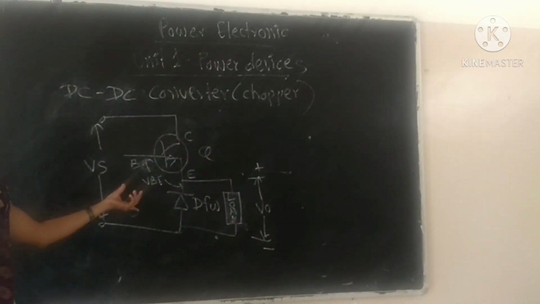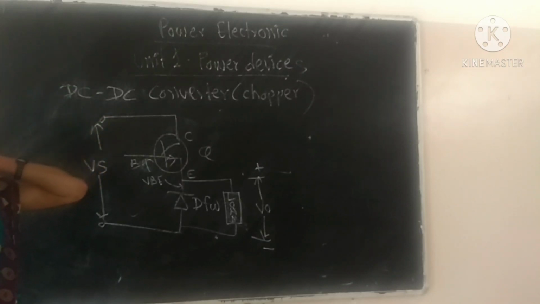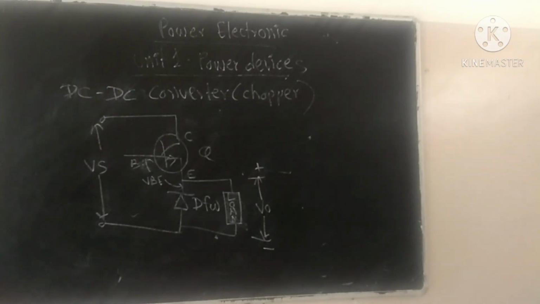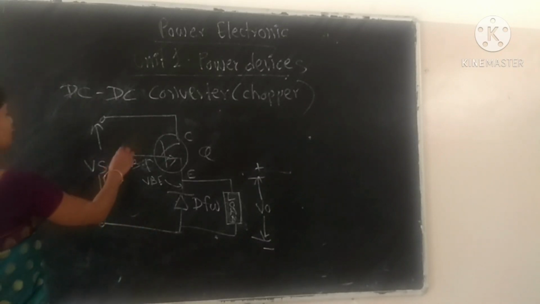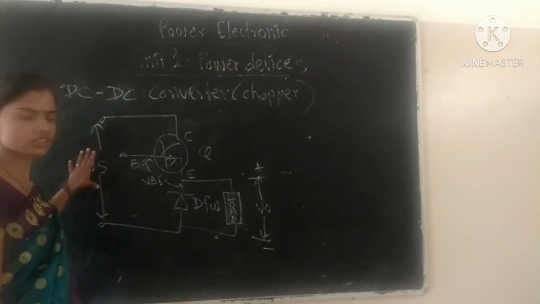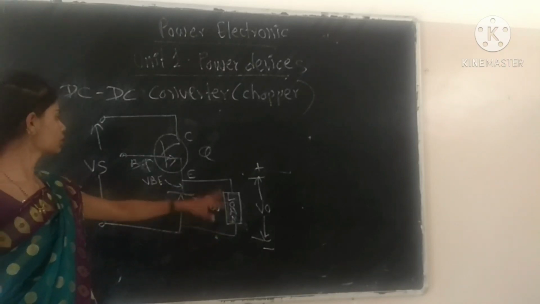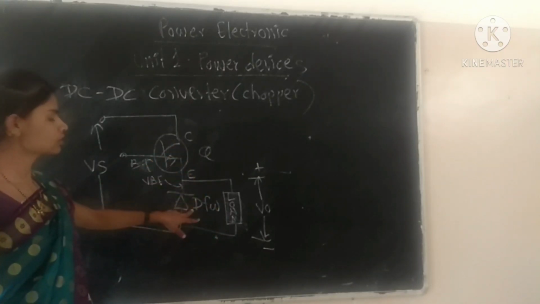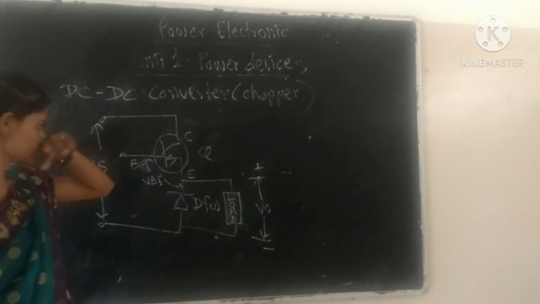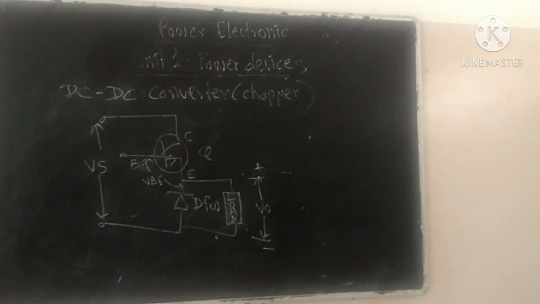This is the circuit diagram for the chopper circuit or DC to DC converter. Here are base, collector and emitter, and the input voltage is given as Vs and the output is taken across this load. Here it is Q1 and DFW, and we see the waveform for this transistor.